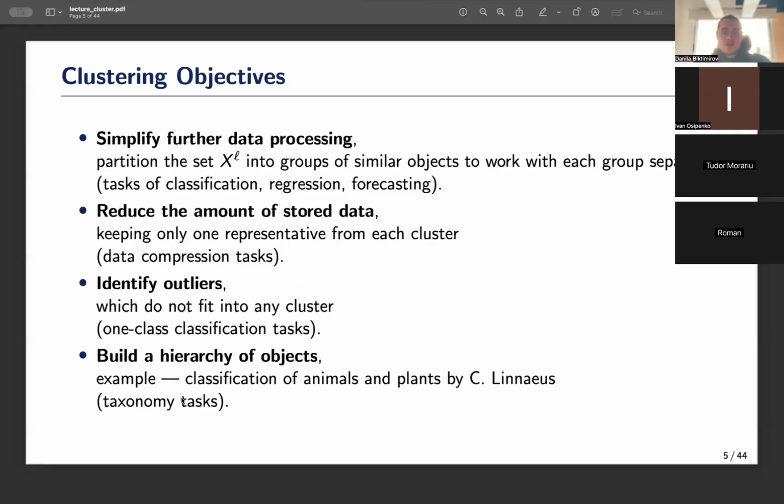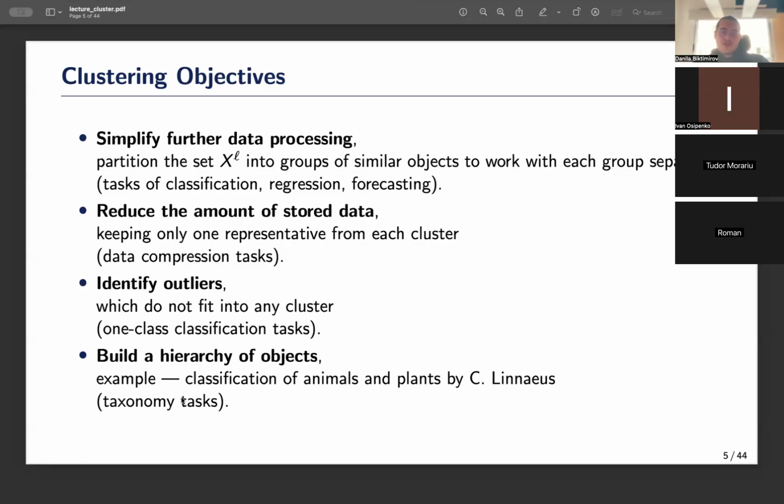Clustering goals may vary depending on the specific application of the task. First of all, to simplify further data processing, partitioning the set X^L into smaller groups of similar objects to work with each group separately, for example for classification, regression, or a prediction task.